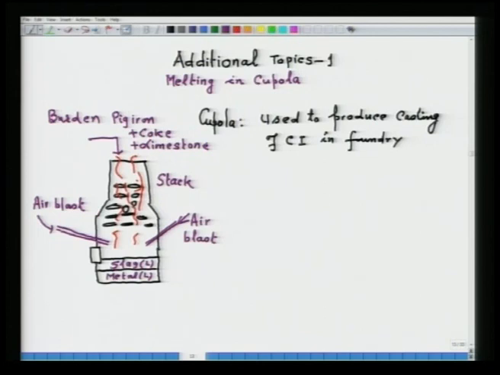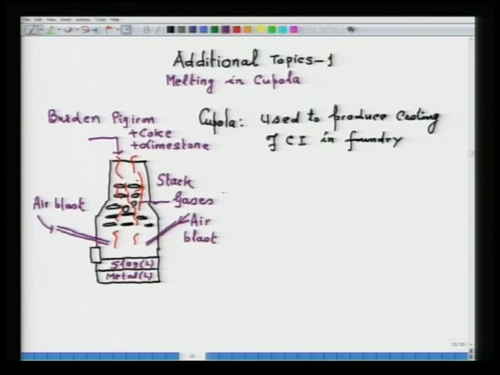This burden descends downward, and as the combustion occurs between coke and blast of air, the gases which are shown by the red color, since we are introducing air, nitrogen, and carbon of coke will combust.